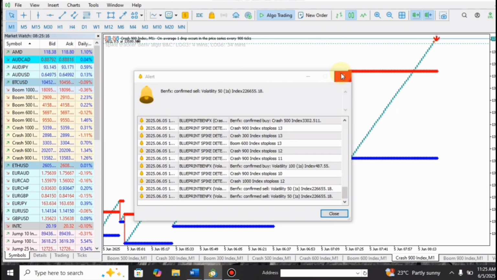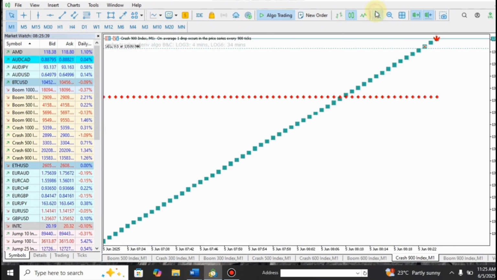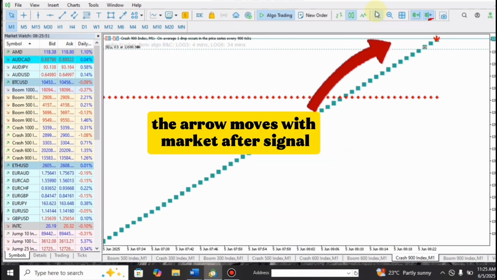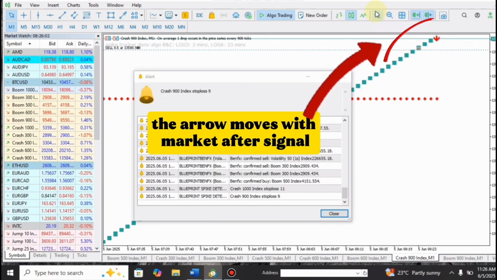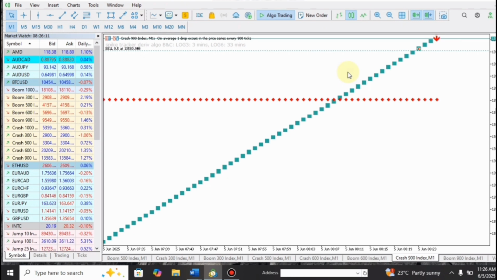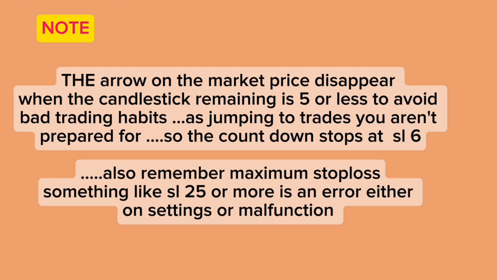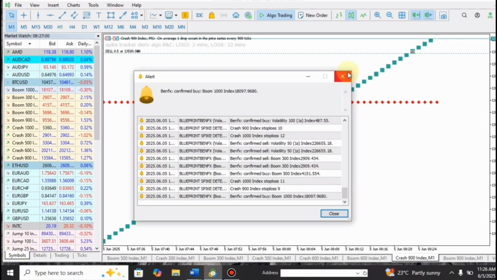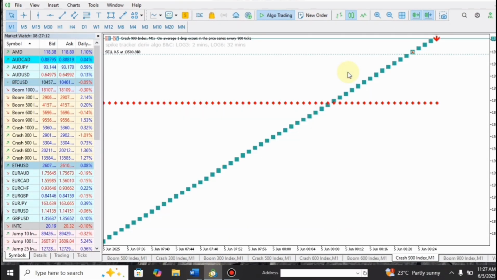This is very important, by the way, because now the arrow disappears if the stop loss remains 5 candles. That is to avoid traders who are late in the market, who fear missing that setup, from entering. And that is the thing I want you to check. The stop loss is 11.